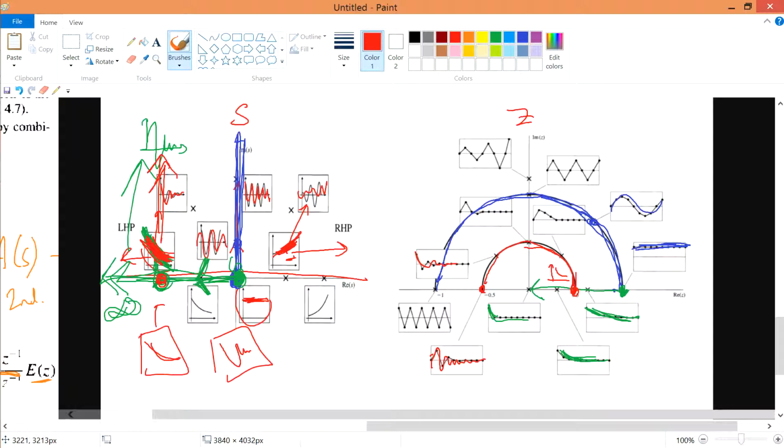Then along it goes to the oscillatory part, meaning as you go up in this path, this signal will become more and more oscillatory. At this point oscillatory, and at this point super oscillatory, as shown over here.